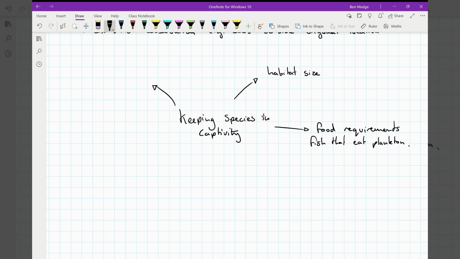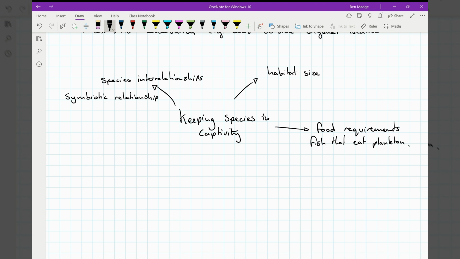You've also got species interrelationships. So do they have some specific symbiotic relationship, which we are going to struggle to duplicate?